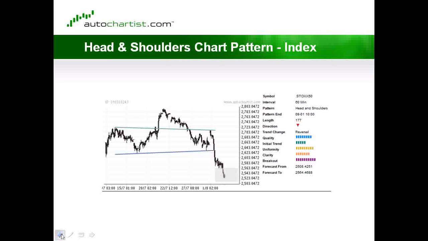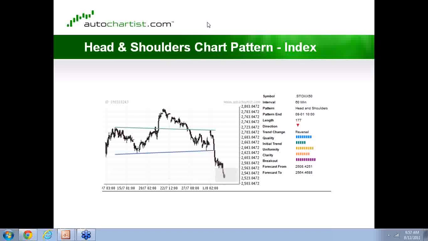So when we were looking at these chart patterns, for example here, this is always going to be the neckline right here. This is the shoulders connecting. So the support line is always the neckline.